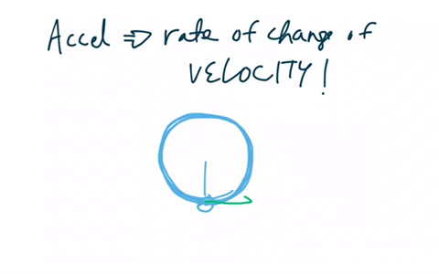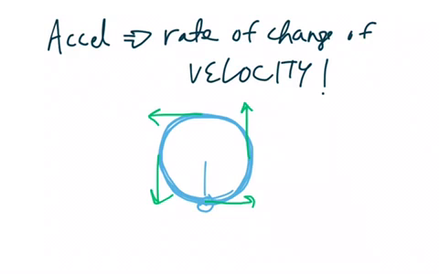Here it was traveling to the right, or east, let's say. Here it's traveling north, and then west, and then south. And as it's changing its direction, it's changing its velocity. And anytime something changes its velocity, it's accelerating. So here's a case where an object is not speeding up nor slowing down, and yet it's accelerating.